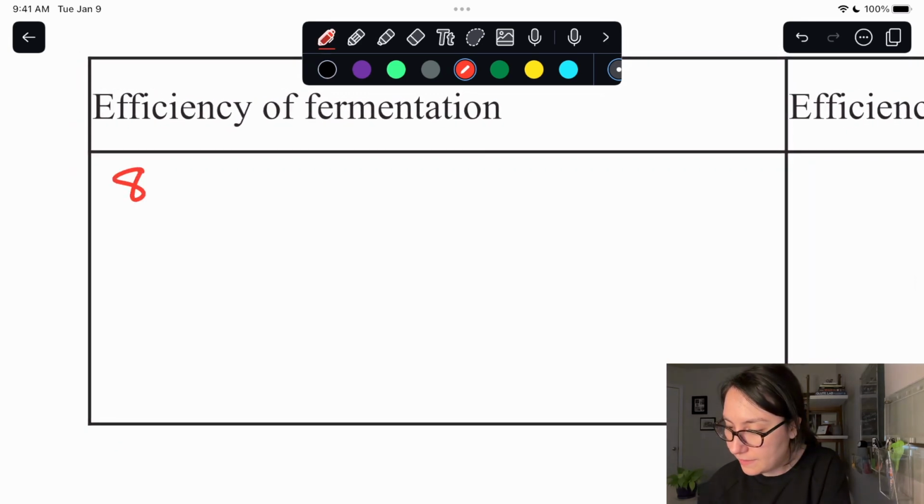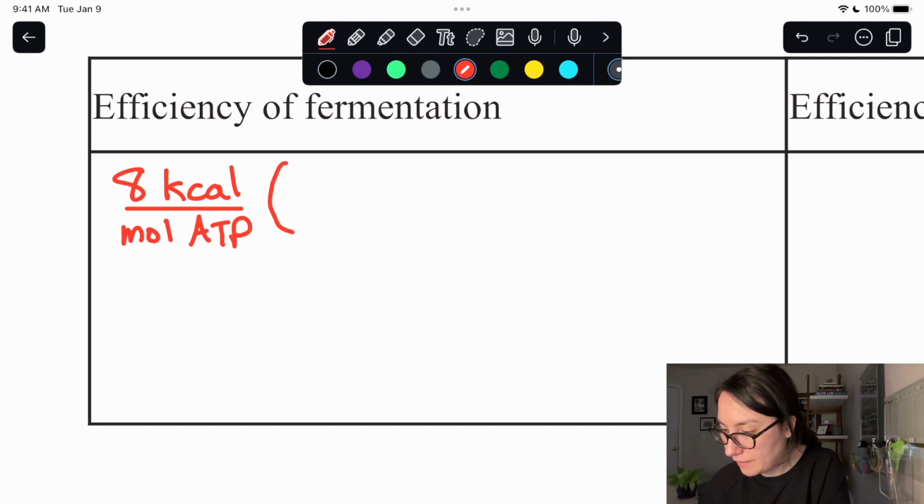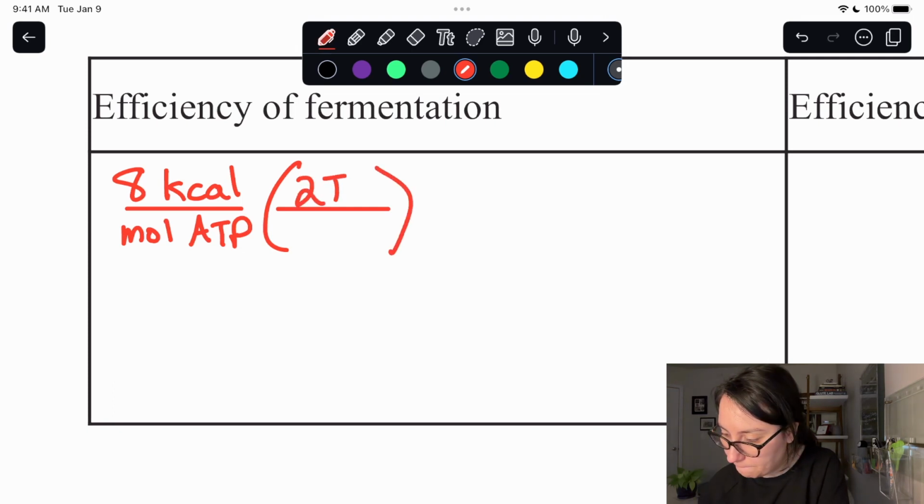So let's do 8 calories. And I like to write it this way: per mole ATP. And you're going to times that with 2 ATP over 1.